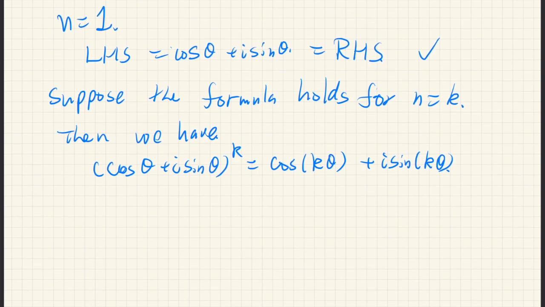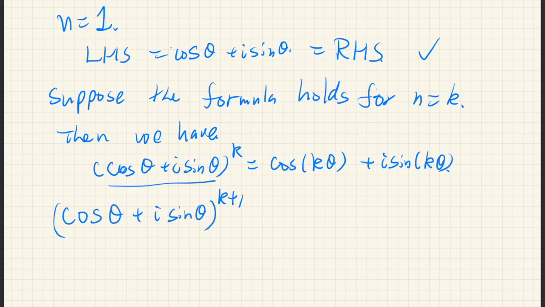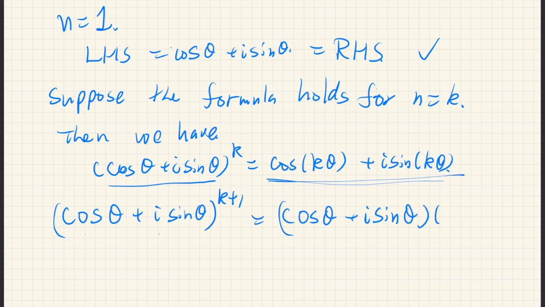Now, if we multiply both sides by this, then on the left-hand side we have this, and we multiply both sides by cosine theta plus i sine theta. So the right-hand side becomes this thing times cosine k theta plus i sine k theta.